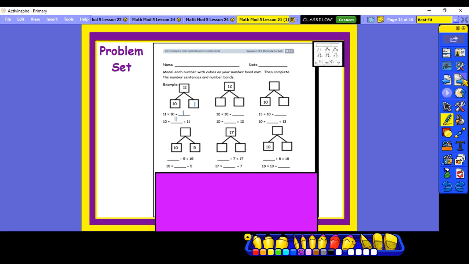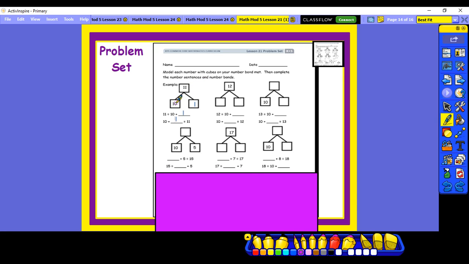Now let's practice using our number bonds and number sentences with our whole amounts. We'll have to use our number bonds and number sentences to help us find our missing parts. Let's look at the first one together. Our whole amount was 11.